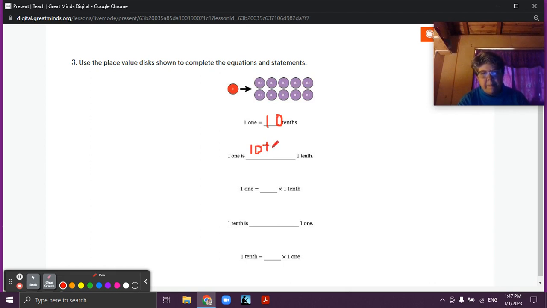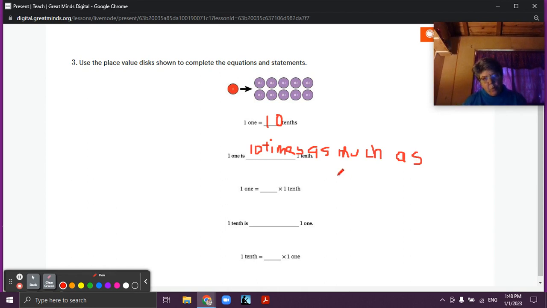You're writing this in your book too. Everything that I write on the screen, you're writing in your book. Sorry that it's so messy. 10 times as much as. I need to go find my wireless mouse. It'll be much better after that.